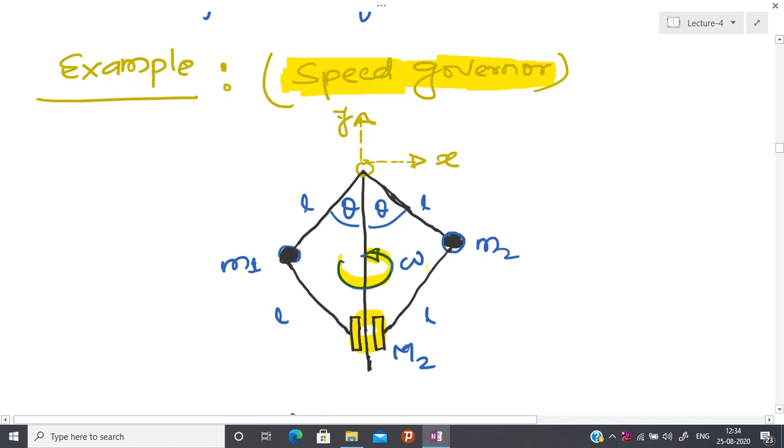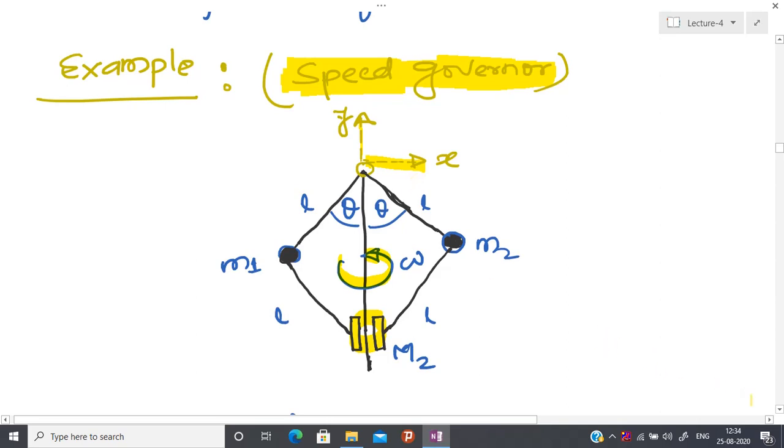So this mass is moving in the vertical direction, and at the same time the system is also rotating. The coordinate system I have selected is just a standard coordinate system, x and y, and after that I will talk about the generalized coordinate system.